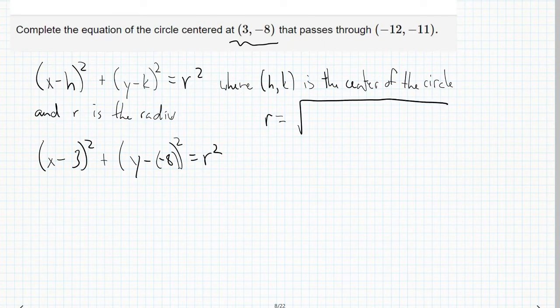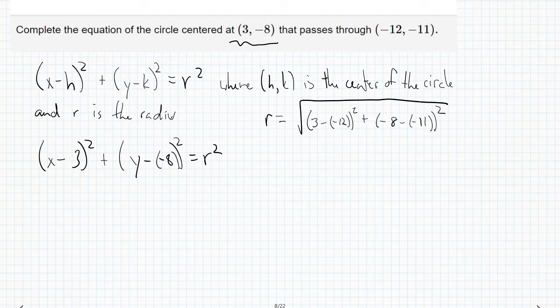So our distance formula, remember, we subtract the 2 points. So you go 3 minus a negative 12, and we're going to square that, plus negative 8 minus a negative 11, and we're going to square that. So what does that become?